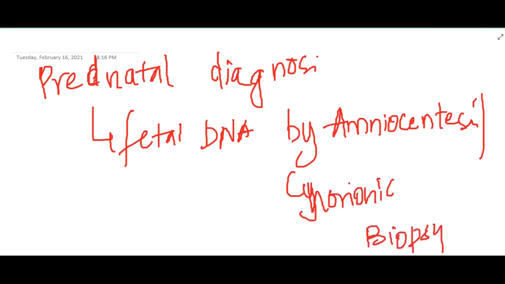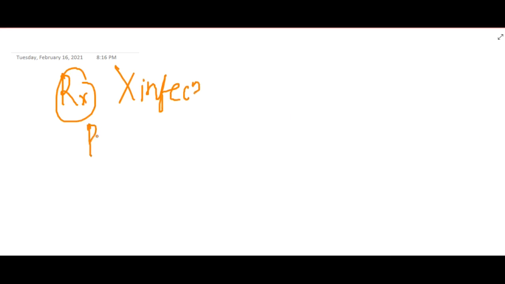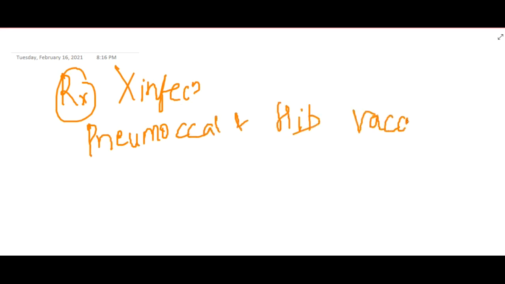Then if we see the treatment, we should avoid infections, and prompt correction of any inflammation is important. Then pneumococcal and Haemophilus influenzae B vaccine should be given early in life.